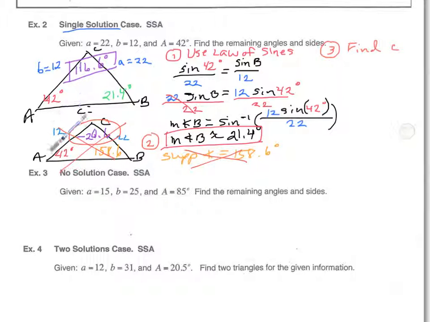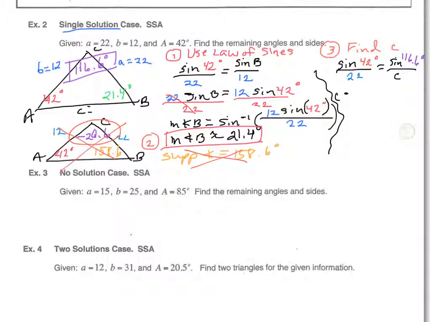But this time, because I have to find side C, I'm going to put the other ratio as sine of 116.6 over C. So we have sine of 42 degrees divided by 22 equals sine of 116.6 degrees divided by C.